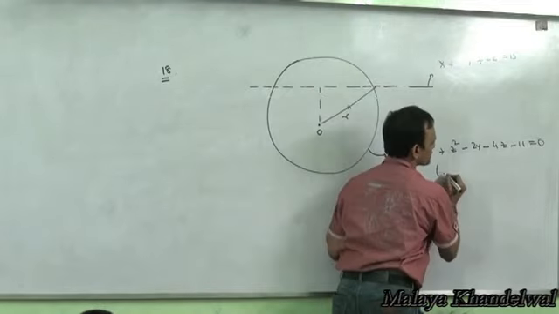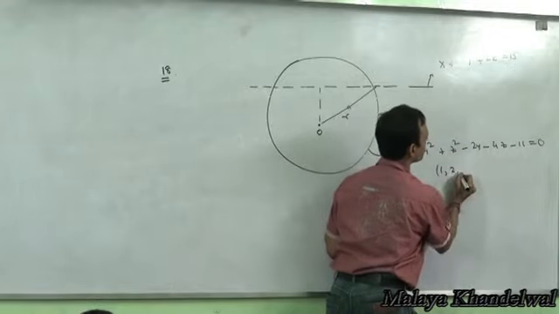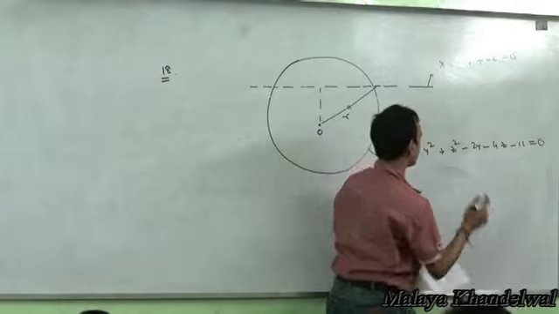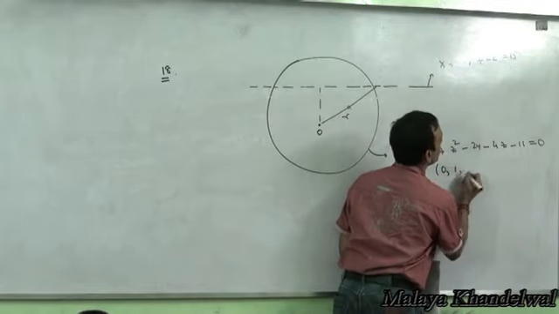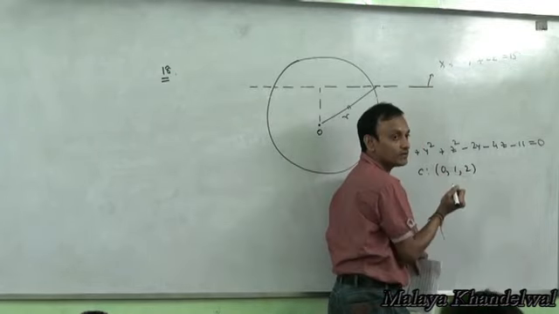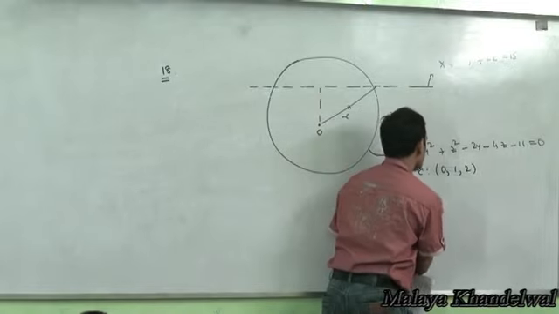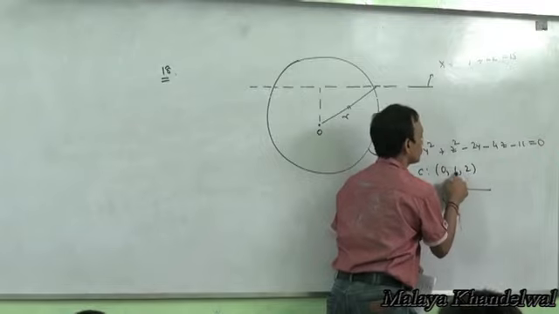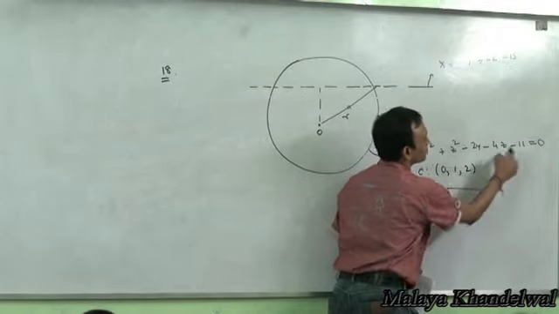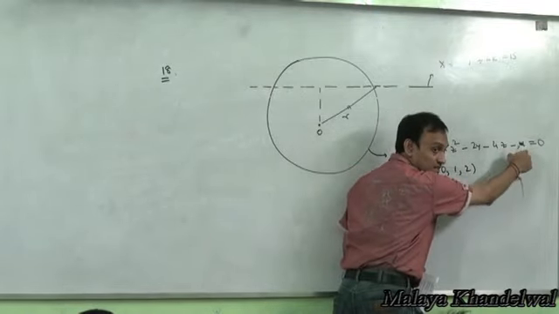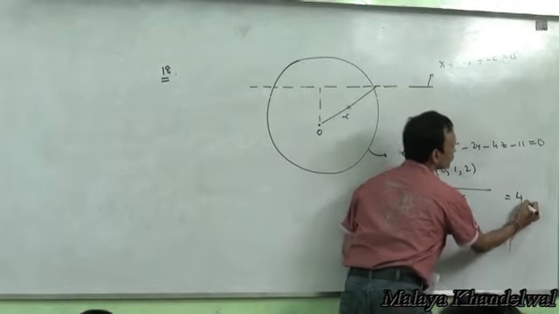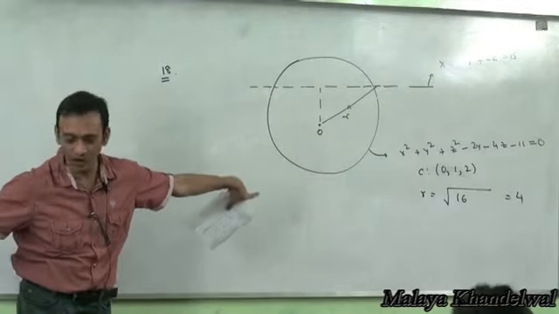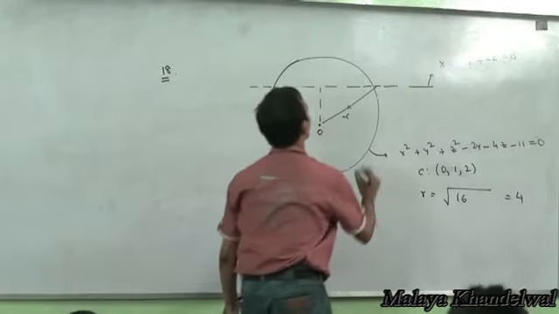The center is (0, 1, 2), since there is no x term. The radius is the root of g squared plus f squared plus h squared minus c, that is 4 plus 1, 5, plus 11, that is 16, so the radius is 4.